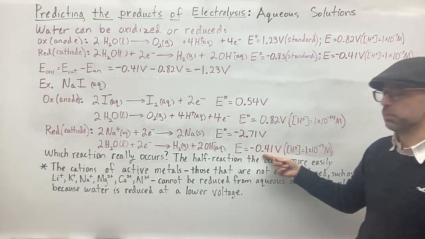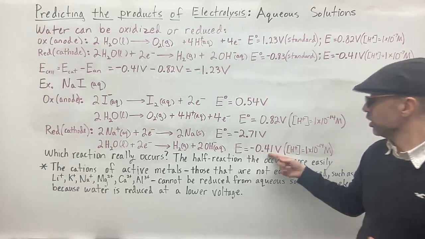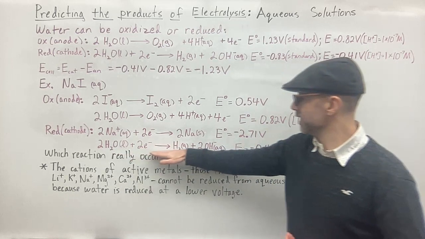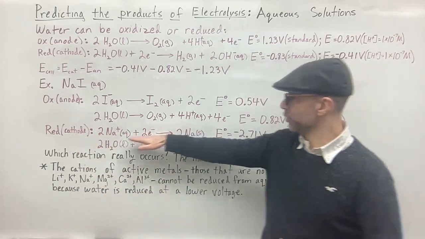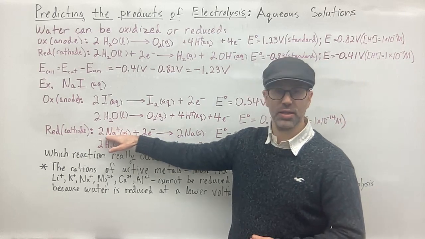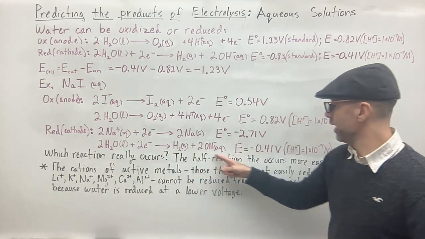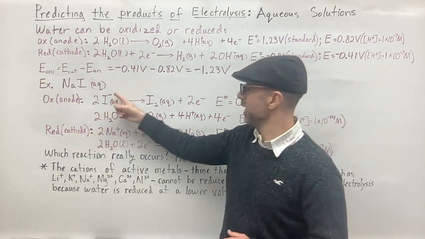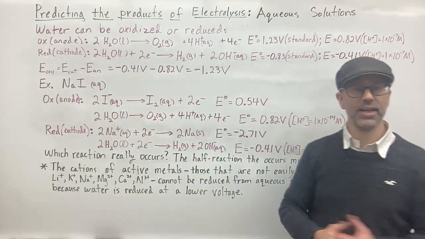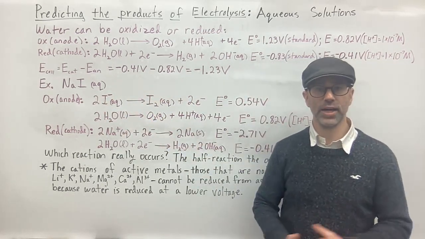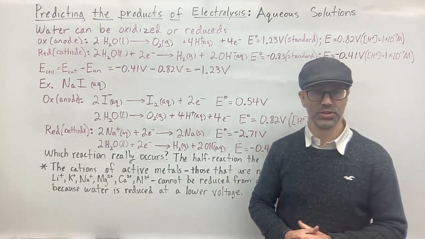So this would be the more positive electrode potential. So therefore, we would expect here the reduction of water to take place at the cathode, not the reduction of the sodium ion. So the reduction of water would happen at the cathode, and at the anode, you'd have the oxidation of the iodide ion. So that is how you predict what's going to happen at each electrode when you have an aqueous solution.